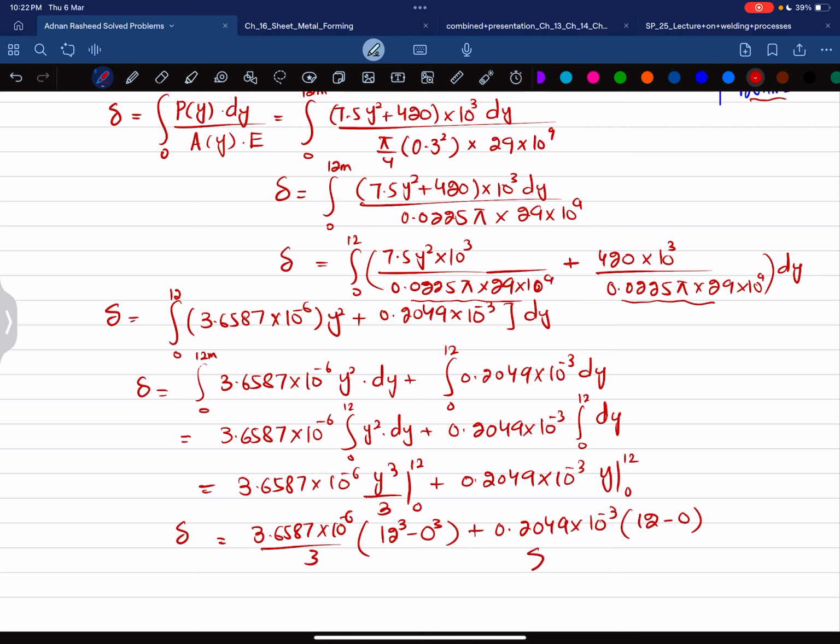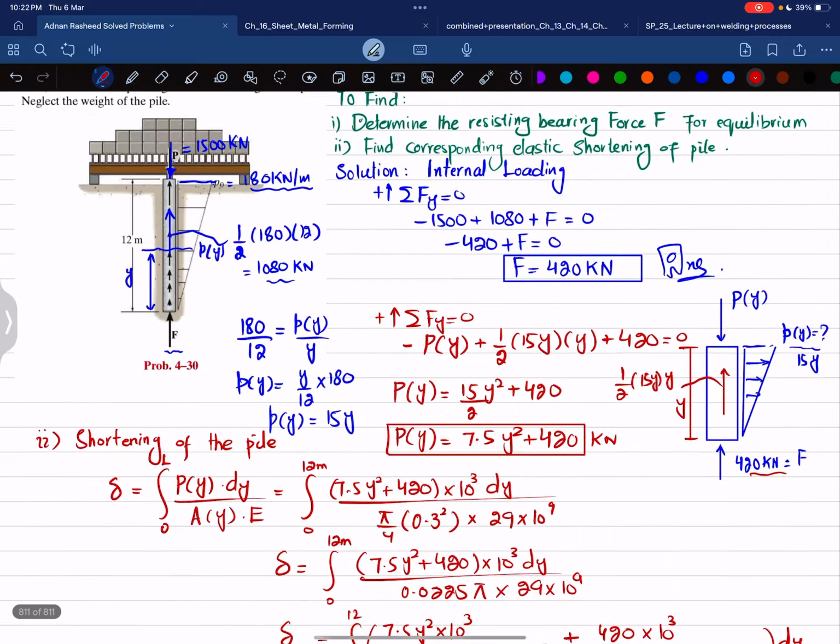So when you solve this, it will give you 4.566 into 10 raised to power minus 3 meter. And in terms of millimeter, it will be 4.566 millimeter, or if you round it off, it will be 4.57 millimeter. So this will be the shortening of length in this bore pipe due to the weight of this kentledge.